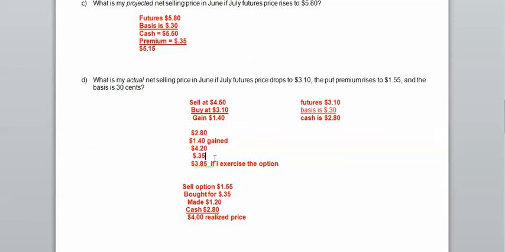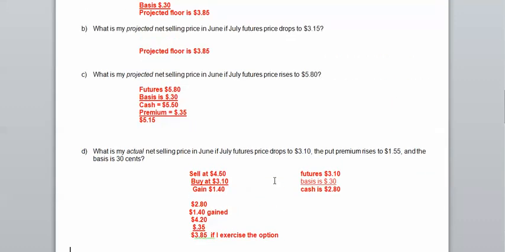Okay, I don't want to do that. If I sell the option for $1.55, I originally bought it for 35 cents. That means I made $1.20 there. Cash price is $2.80. So that gives me a realized price of $4 there. That's 15 cents better than what we predicted.